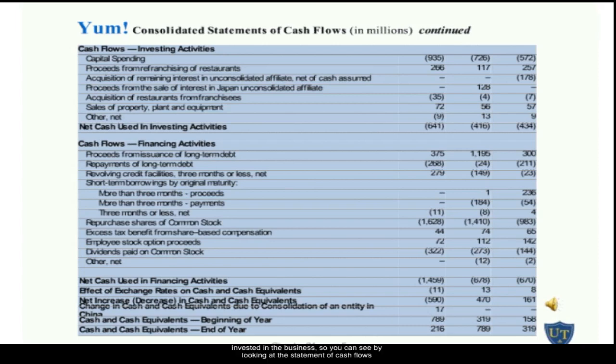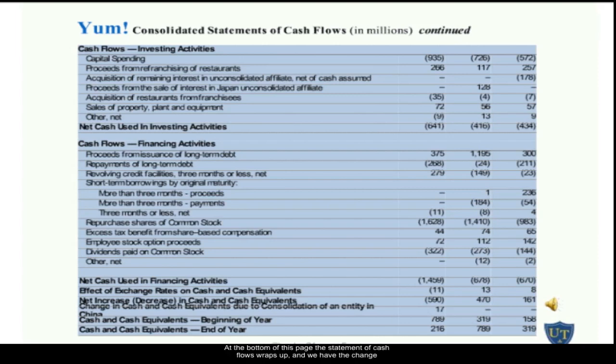So you can see by looking at the financing activities section that Yum has chosen to flow a lot of this excess cash out to its shareholders. They have huge amounts for repurchases of common stock, and they're also paying a fairly healthy dividend.